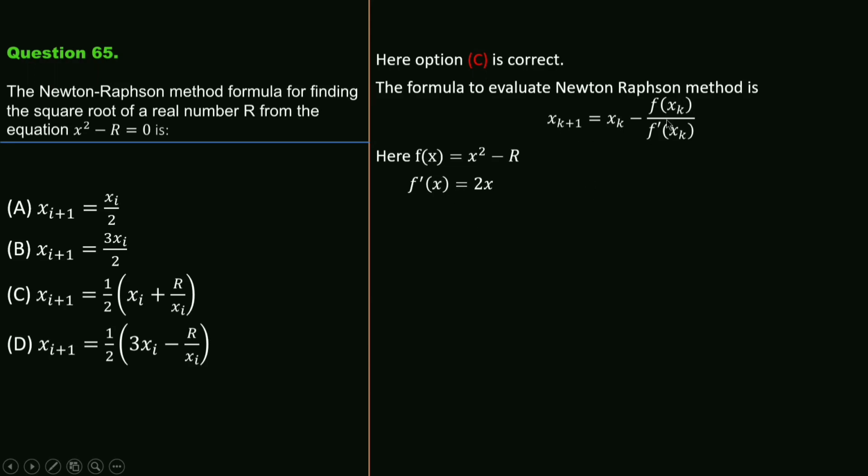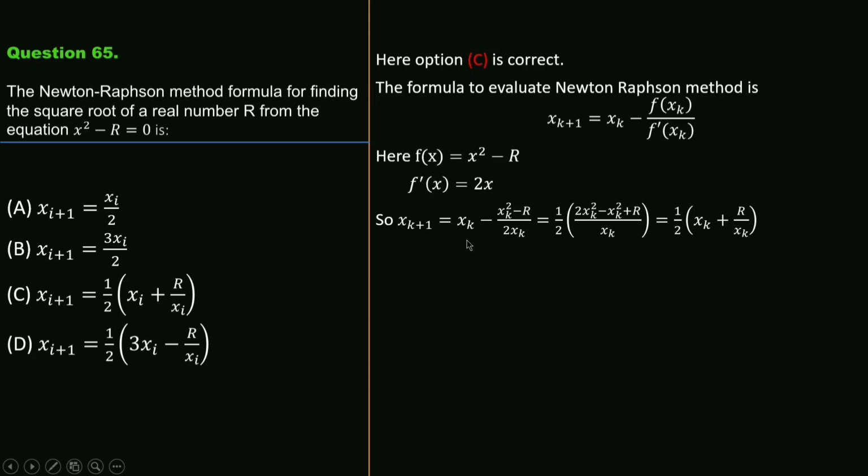Then this iterative formula gives us the Newton-Raphson formula. So x_{k+1} = x_k - (x_k squared - r)/(2x_k). By solving this we get half into (x_k + r/x_k). That means this one is the correct answer.